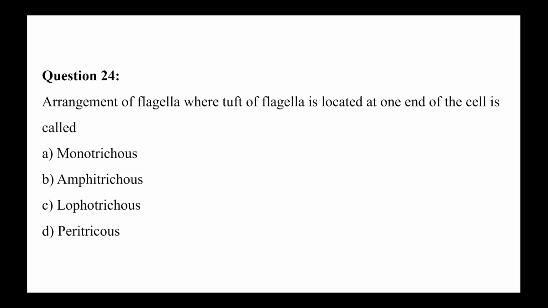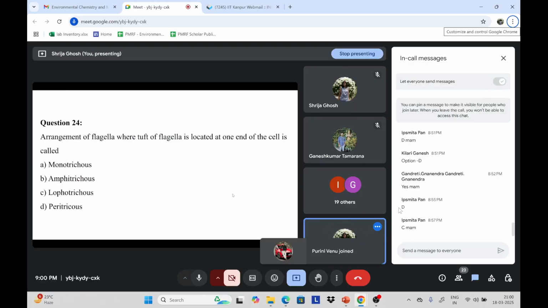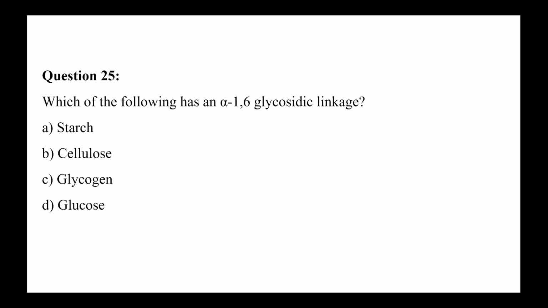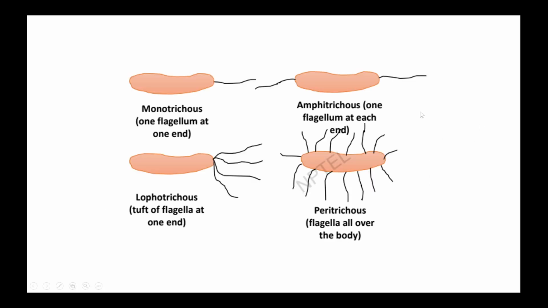There are four types of arrangement of flagella. One of them has a bunch of flagella, a tuft of flagella, on one end of the cell. Okay, it is option C, lophotrichous. So these are the four types of arrangement of flagella. You have monotrichous, where only a single flagellum is present at one end.